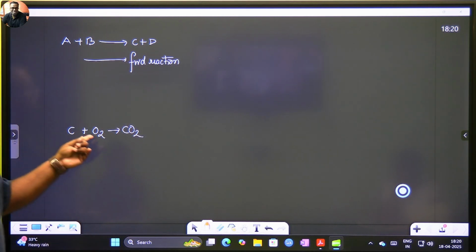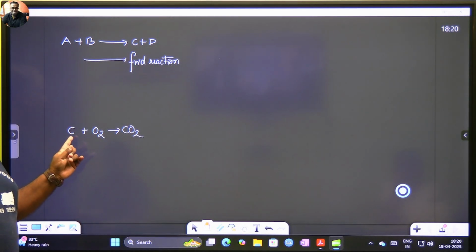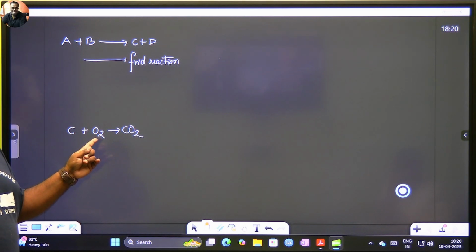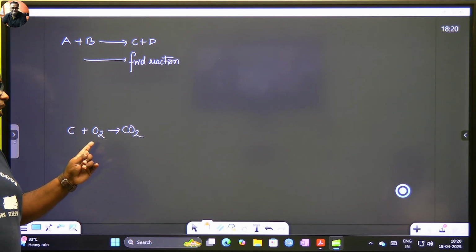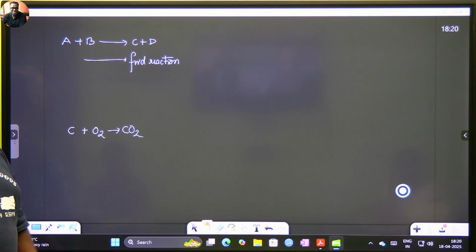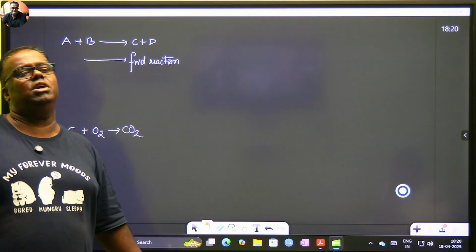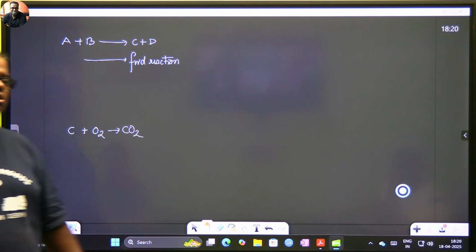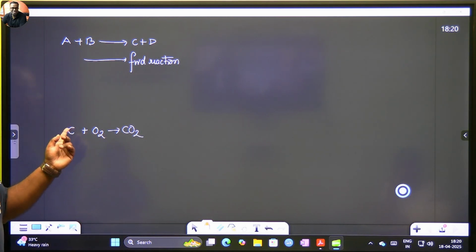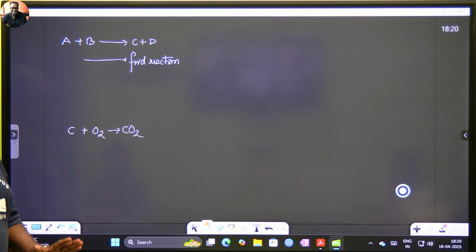So how do I read this reaction? If you bring 1 mole of carbon, ensure that 1 mole of oxygen gas is present. In that case, both will be completely used up and will give rise to 1 mole of CO2. 1 mole of CO2 is a stable product which will remain as CO2. It has no desire to go back and form carbon and oxygen again.